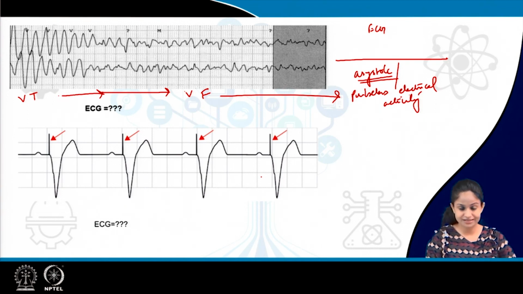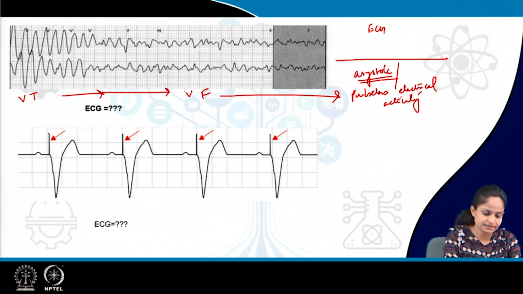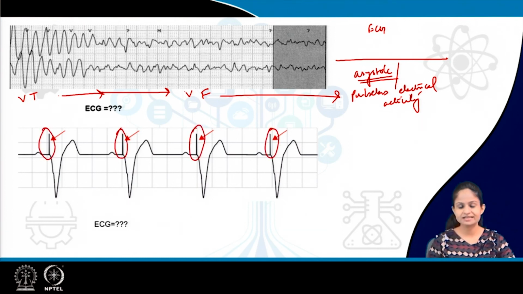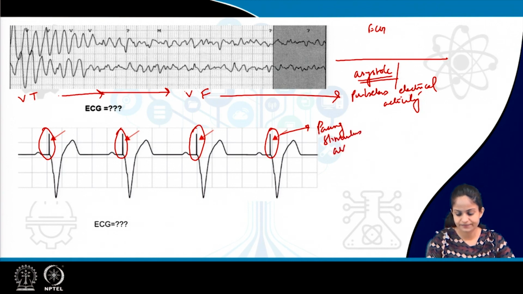So, what is this ECG which is shown over here? Now, this is the ECG, we can see some artifact over here. These artifacts are nothing but pacing stimulus artifacts. That means a pacemaker is placed in the heart.